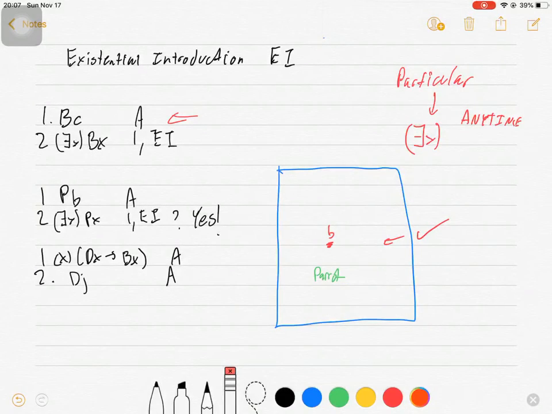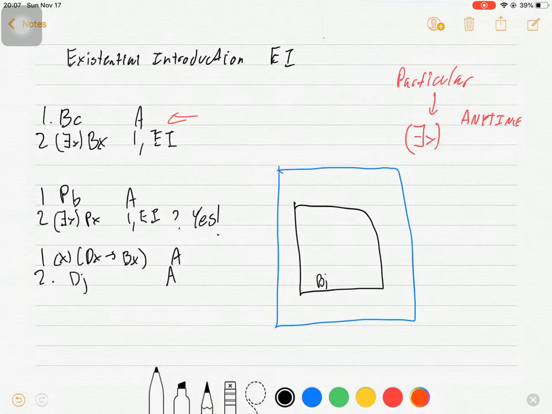So let's edit our picture over here, just so we can continue to use it. What we have here is a claim that says, in here, we're going to have a box. The box is our bird box. Within that box, we have a duck box. And we also have a claim that there is some particular thing out there in the world that is in fact a duck.